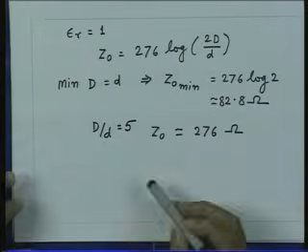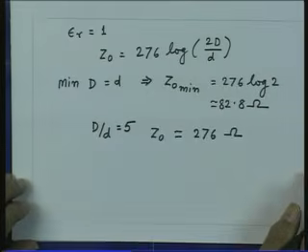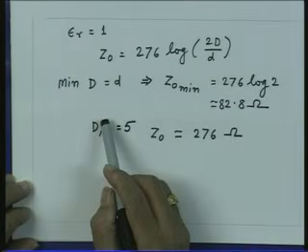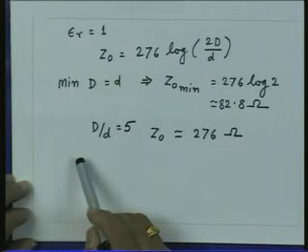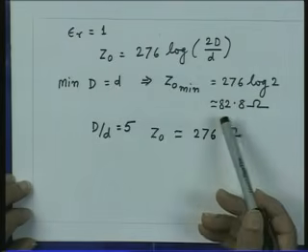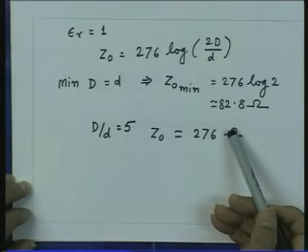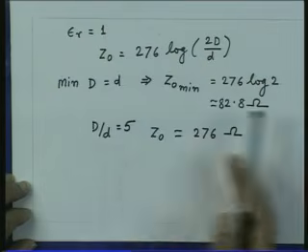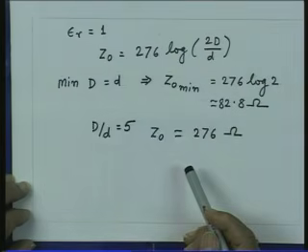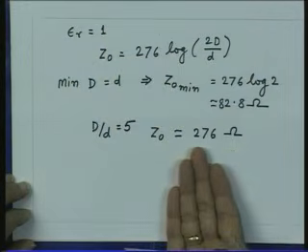So, as we can see, for this structure, realizing low impedance is more difficult. I cannot realize impedances lower than 82.8 ohms. However, I can realize high impedances rather easily. By just putting a D by d ratio of 5, I can realize an impedance of 276 ohms.